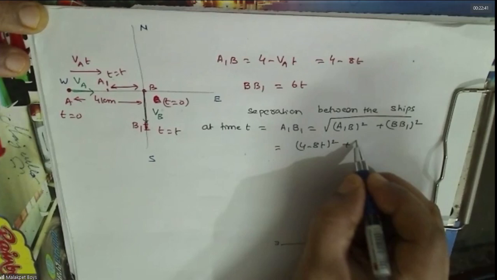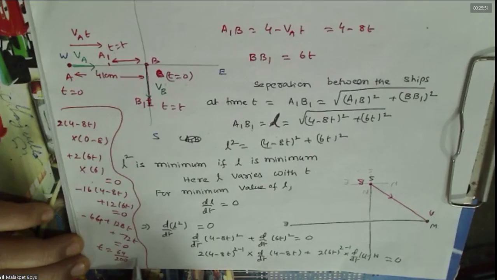That means you get t equal to 0.32. After this, I continued here. Anyway, you can do it.